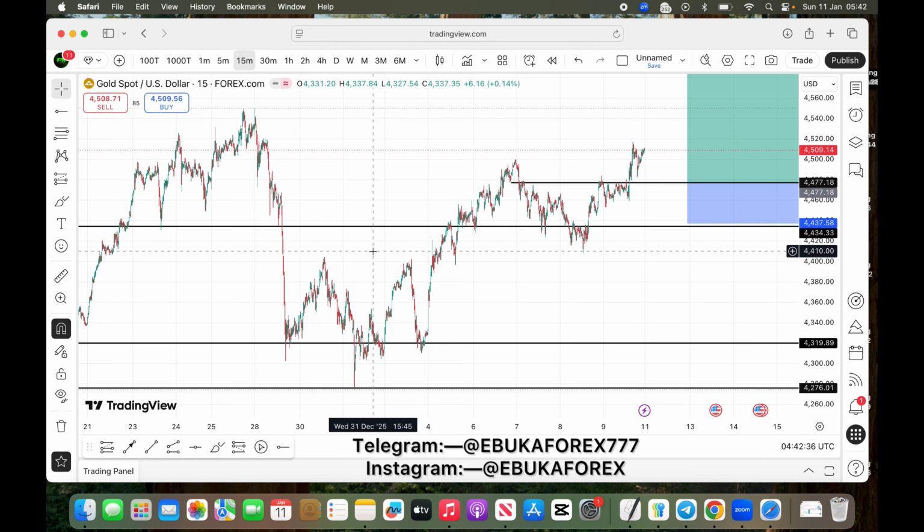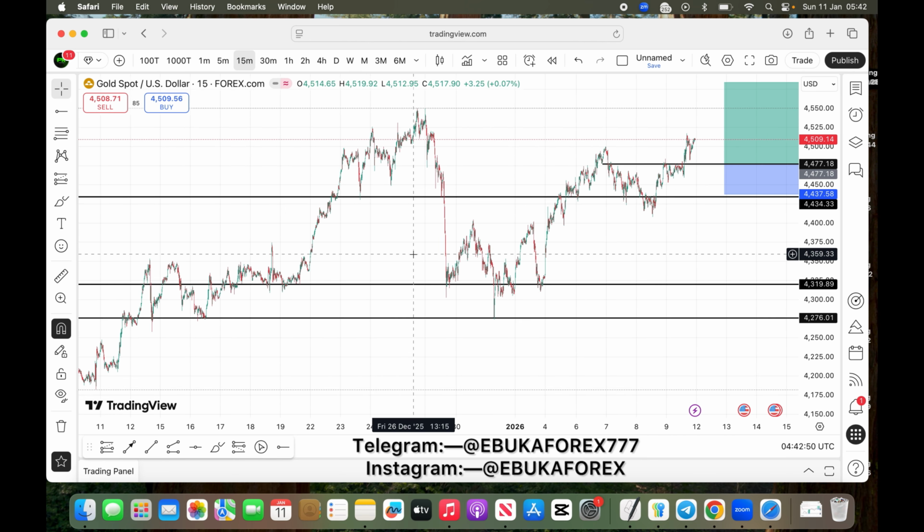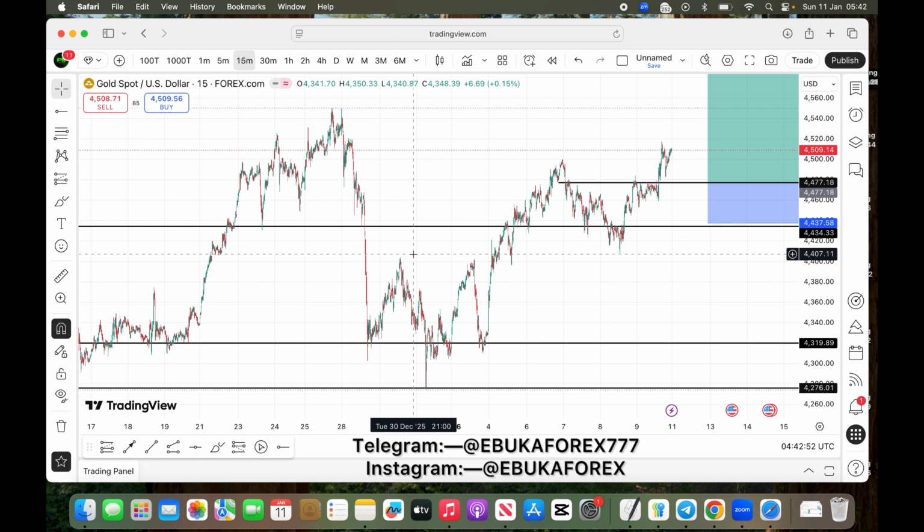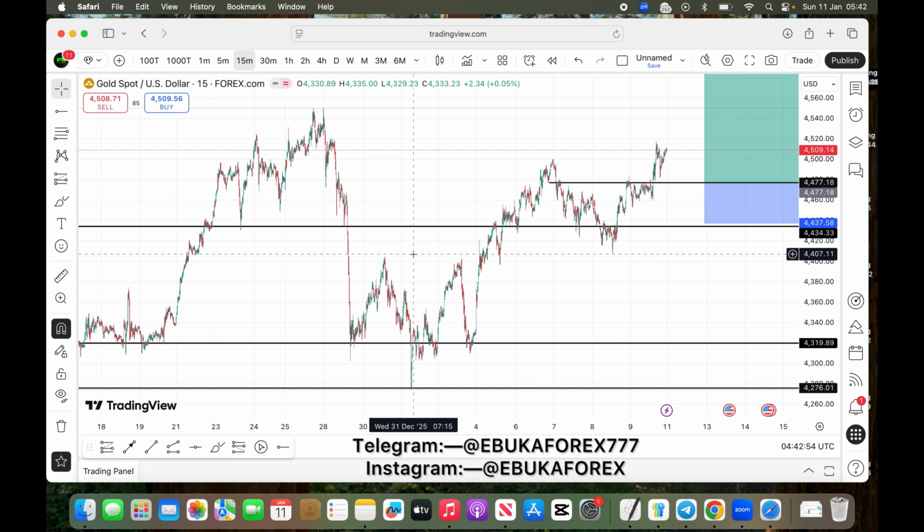So liquidity is what runs the market. You need to have that in mind. Liquidity is what runs the financial market. So without you understanding that aspect of price reaction in the market, it's going to be difficult.